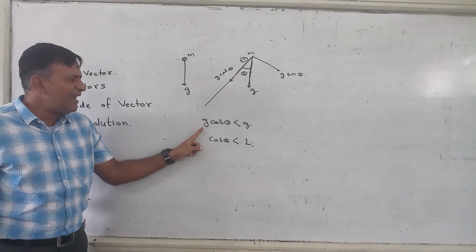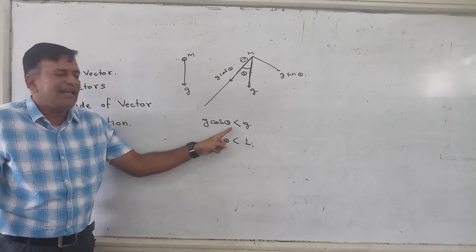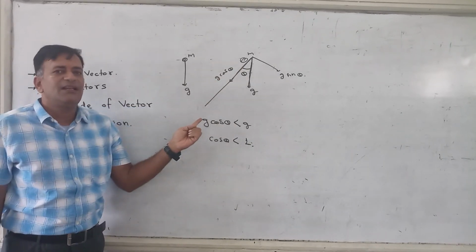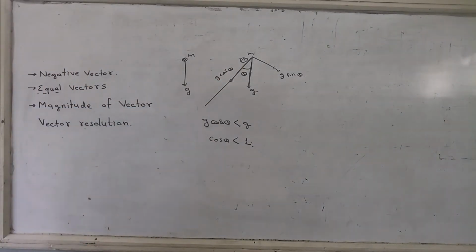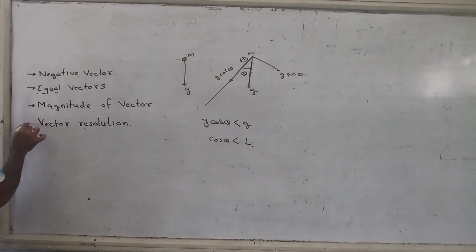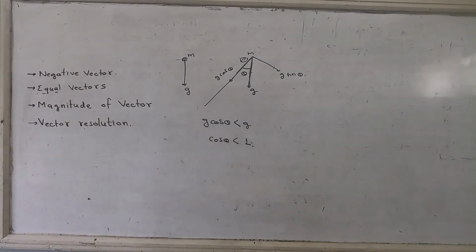So if you multiply g by a number less than 1, you will get an answer less than g. So what happens to the acceleration? Does it increase, decrease or remain the same? The acceleration will become less. So this is how we use vector resolution in real life.